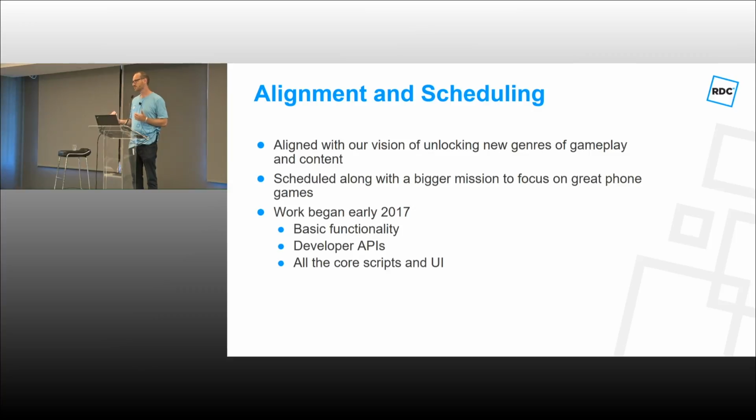So in early 2017 is when we started prototyping and building the portrait mode functionality. And so that meant the basic functionality of swapping your UI, giving the developer APIs that allowed querying and setting the mode. And then actually one of the biggest parts was rebuilding all of our core scripts and our core UI to work in portrait.